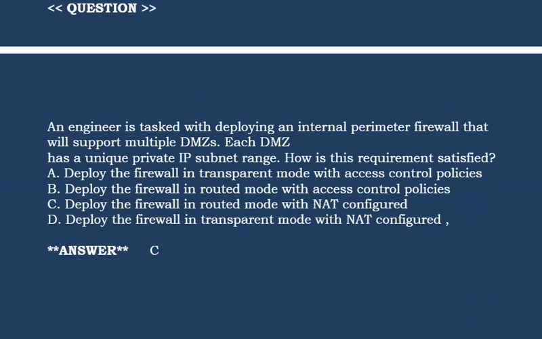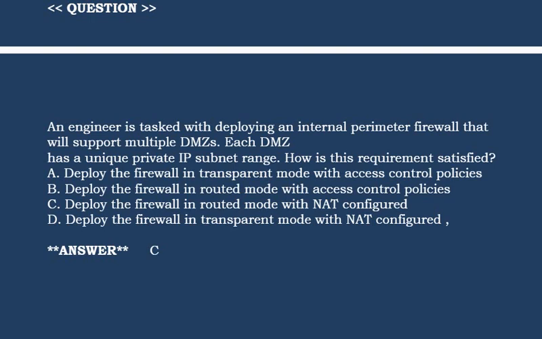Next question is, an engineer is tasked with deploying an internal perimeter firewall that will support multiple DMZs. Each DMZ has a unique private IP subnet range. How is this requirement satisfied? Option A. Deploy the firewall in transparent mode with access control policies.